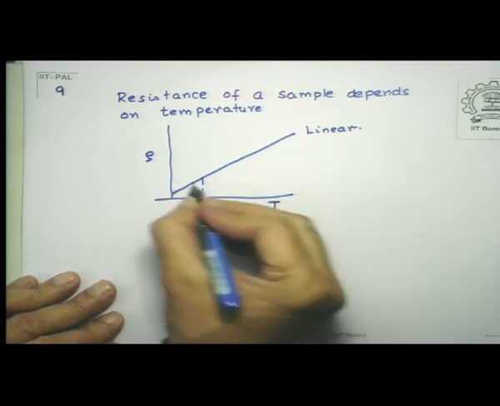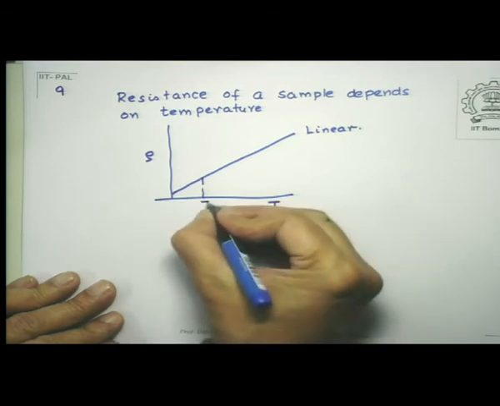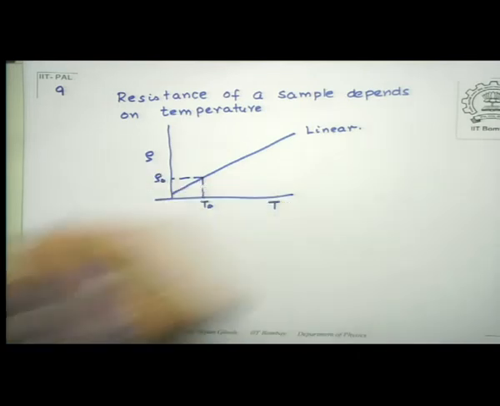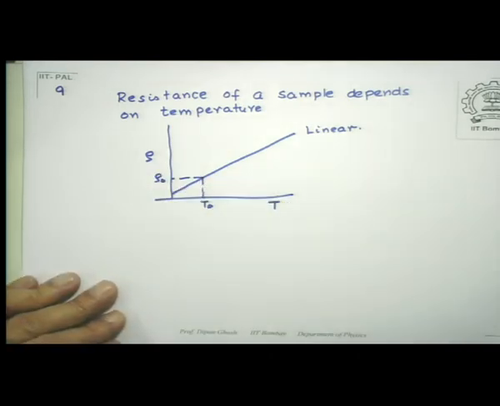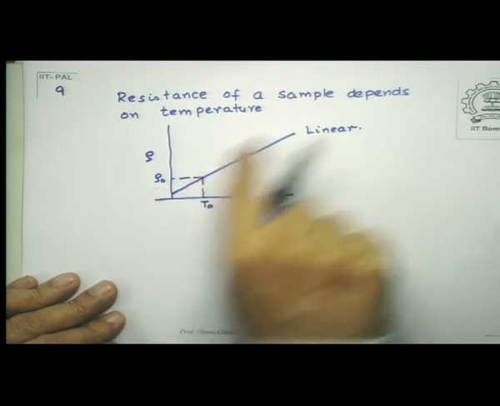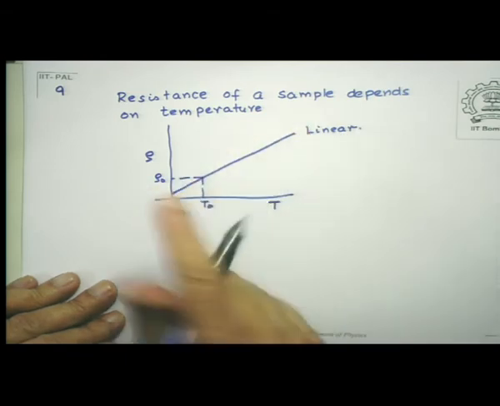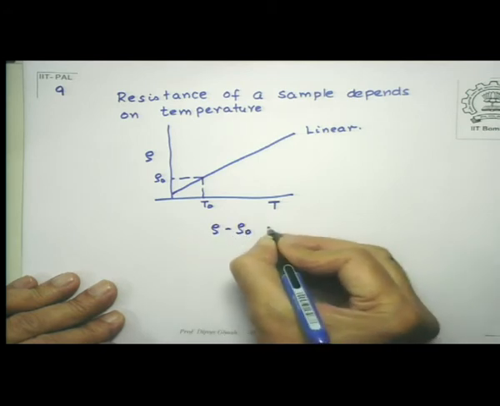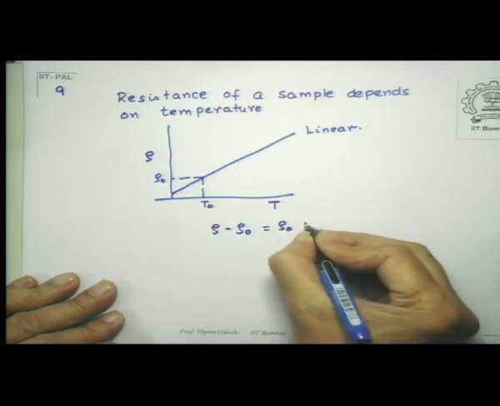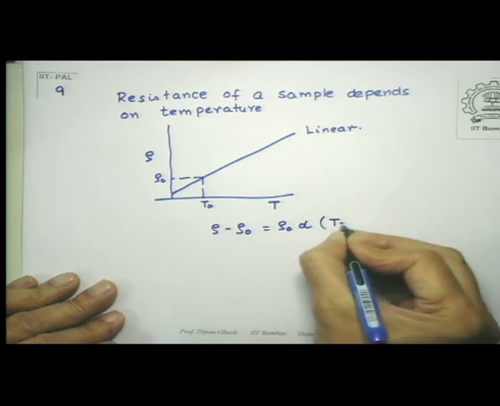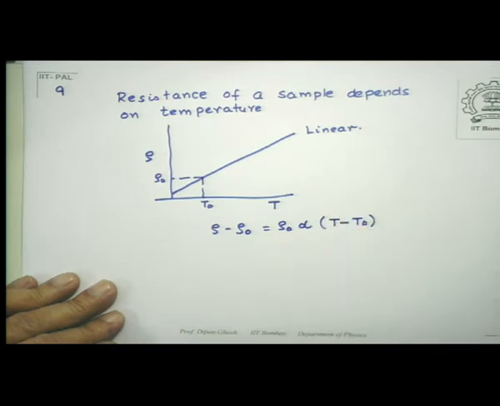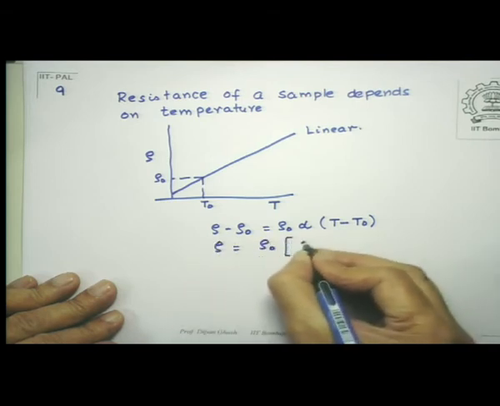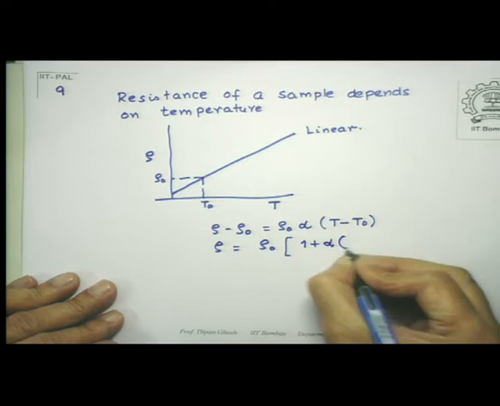Let me call this some temperature T0, and let's say the corresponding resistivity is rho 0. Then over this entire length, rho minus rho 0 equals rho 0 times some constant alpha into T minus T0. Alternatively, rho is given by rho 0 into 1 plus alpha into T minus T0.